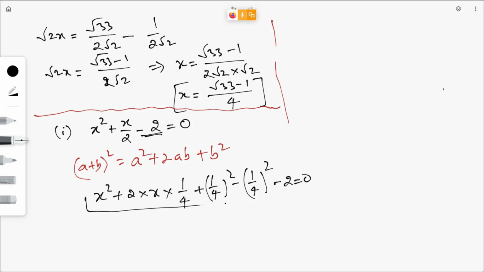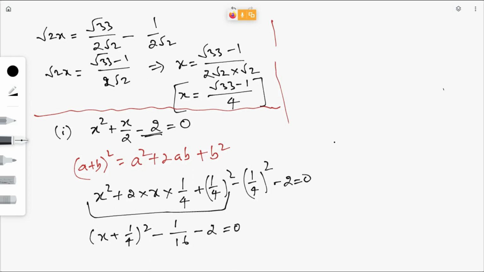Okay, now so x plus 1 by 4 whole square, a plus b whole square, x plus 1 by 4 whole square, because 1 by 4 is your b, minus 1 by 4 4s are 16, minus 2 is equal to 0. x plus 1 by 4 whole square minus 1 by 16, if first you take these two to the RHS, what you will get? 1 by 16 plus 2.